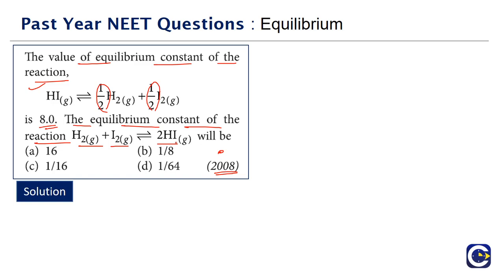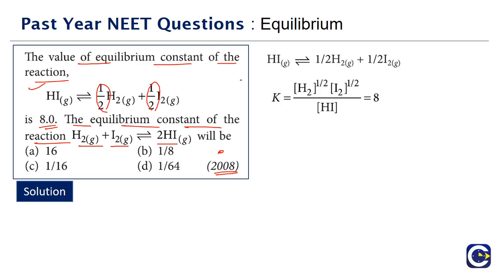What we have to do is just write down the equilibrium constant expressions. The first reaction is HI gives rise to half H2 plus half I2. What is the equilibrium constant formula for this? The factor here is half, and here it is 1. So H2 concentration power half into I2 concentration power half divided by HI concentration. This value is given as 8. Then the second equation, for which we have to find the equilibrium constant. Let's say the equilibrium constant is K dash.